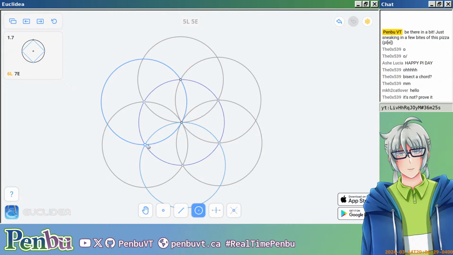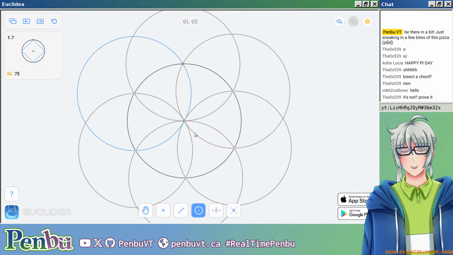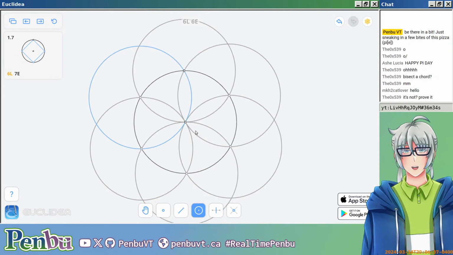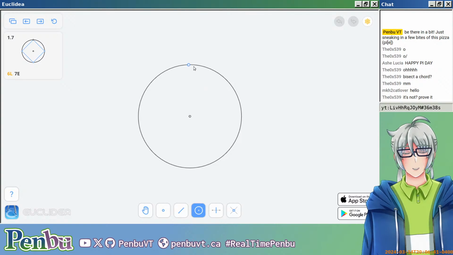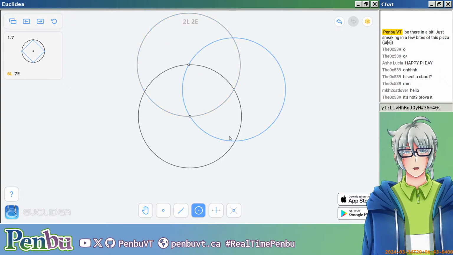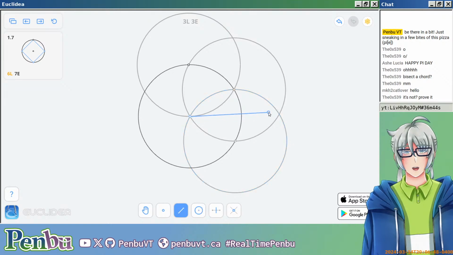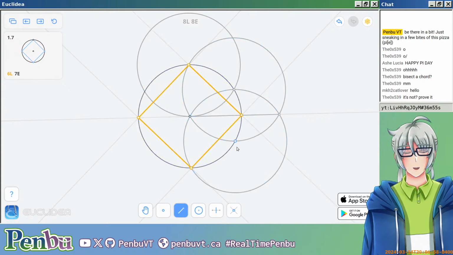Oh, maybe it does. 1, 2, 3, 4, 5, 6. Maybe it does go through the middle then. Okay. So then we do that. Is this 3? And this is a line. I feel like we've already used... Yeah, this is 8.